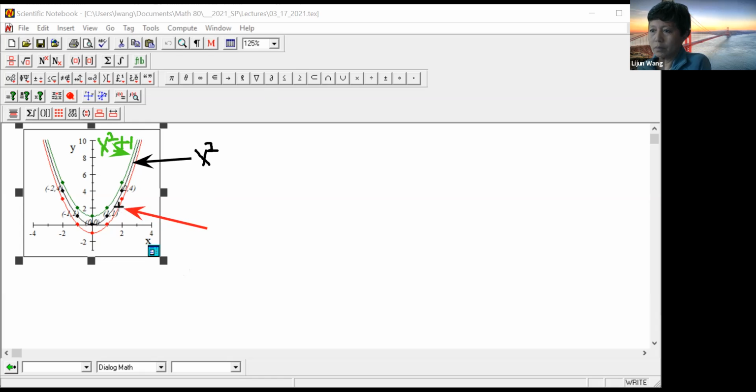The red is x squared minus 1. Does everybody follow me? That's pretty straightforward, right? You take care of the square, and after the square, you add 1 or subtract 1. That will be shifting up or shifting down.